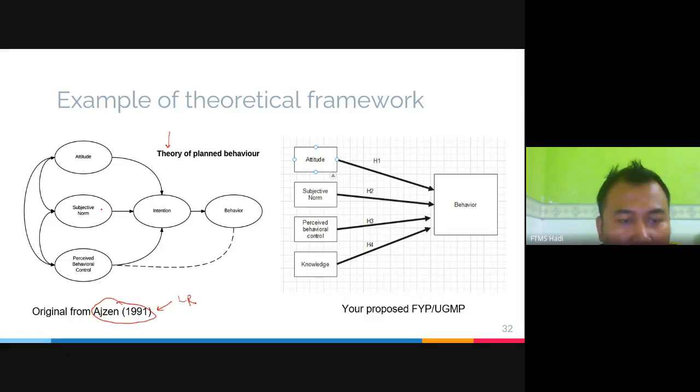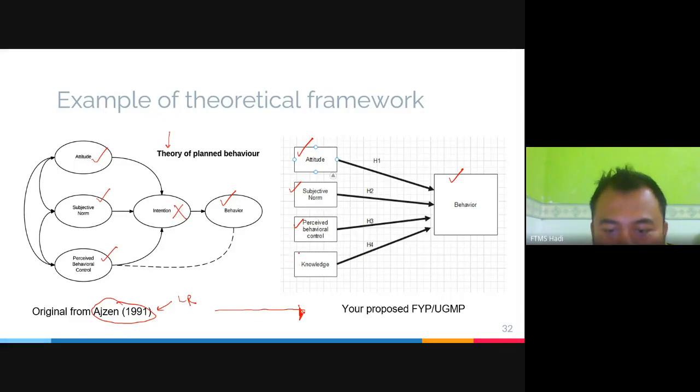But when you come up with your FYP and UGMP, you make an alteration from this original theory and it becomes yours. You incorporate attitude, subjective norm, perceived behavioral control. Intention you remove, because you might have some justification for why you remove intention.